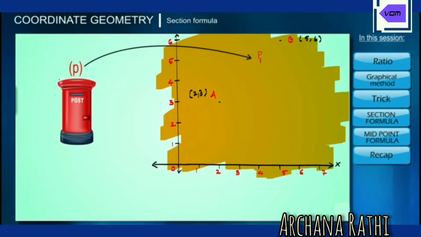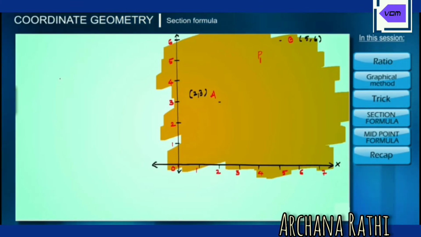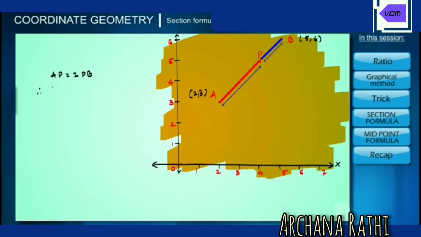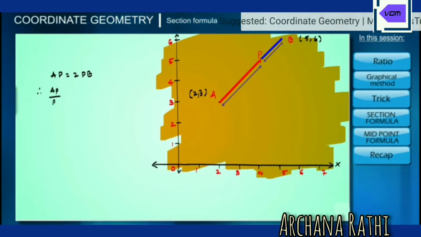Now the postal department wants to place a post box in between these two towns such that distance AP is twice the distance PB, meaning AP is equal to twice BP. Therefore, AP upon BP is equal to 2:1.